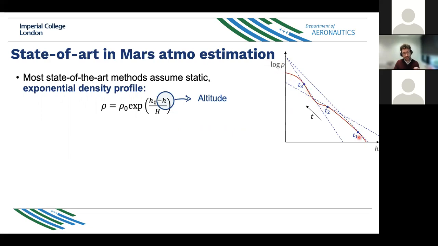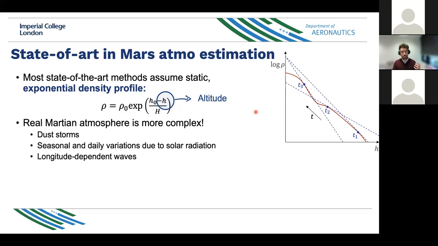So by assuming that the density is an exponential, we're approximating this curve with its tangent at different points in time during the descent. So during the descent, we will be decreasing our altitude. So we will be effectively walking along this curve, and then at different times along this curve, we will trace the tangent and assume that the density is along this tangent for all future times. And this is a source of noise, essentially.